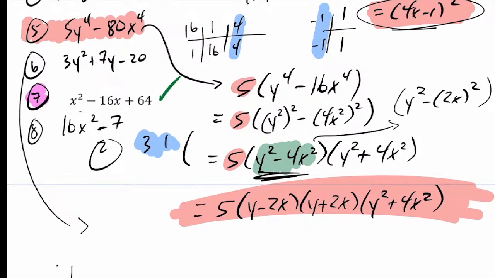So 3 and 1, 1 and 3, and then negative 20 and 1, negative 1 and 20, negative 10 and 2, negative 2 and 10, negative 4 and 5, negative 5 and 4. Just tons of combinations for the end one. But I need to get a 7 out of here, and I bet that'll come fairly quickly.